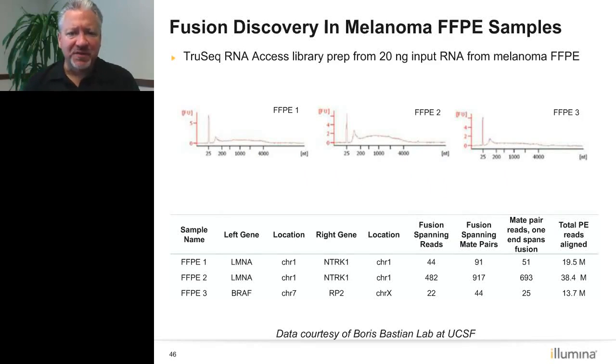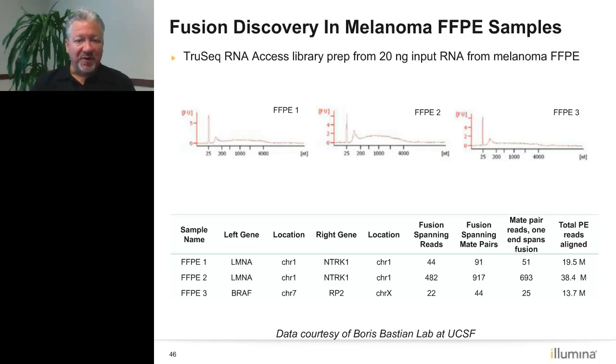We also have been able to use this to discover fusions, and here's a small snippet of data that we generated in collaboration with the Boris Bastian lab at UCSF, who are very interested in melanoma. These are real cancer melanoma patient samples. We started with 20 nanograms of input RNA. These plots show the quality of the RNA.